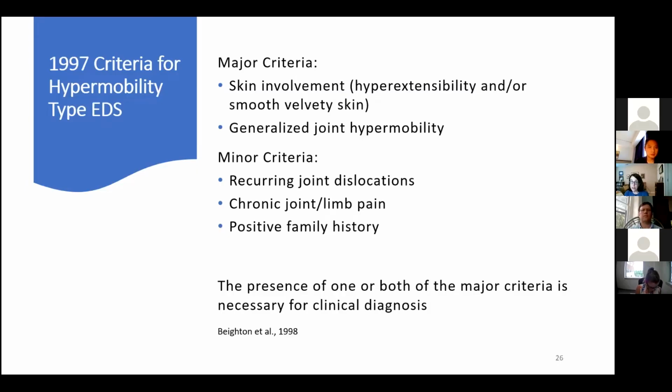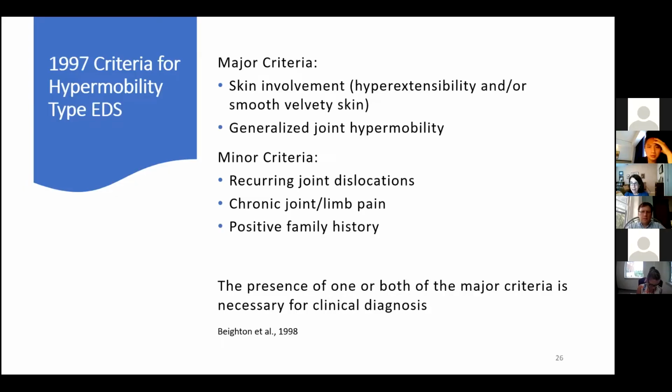And the minor criteria were recurring joint dislocations, chronic joint and limb pain, and a positive family history. And the only guidance that that 1998 publication gave us in terms of establishing a diagnosis was that the presence of one or both of the major criteria was necessary for a clinical diagnosis.